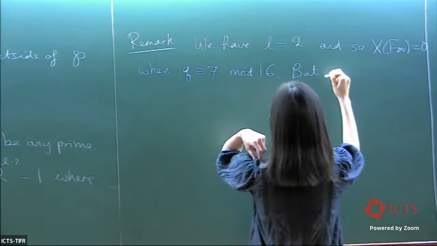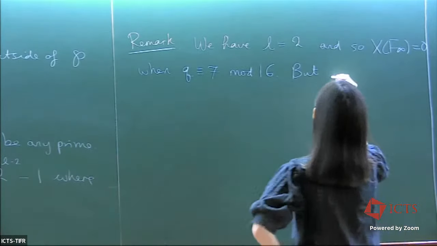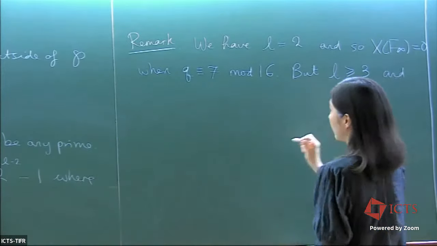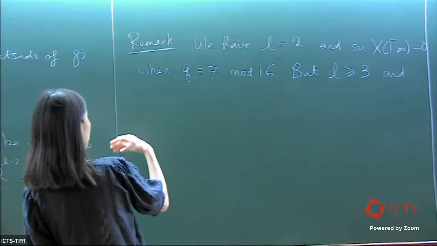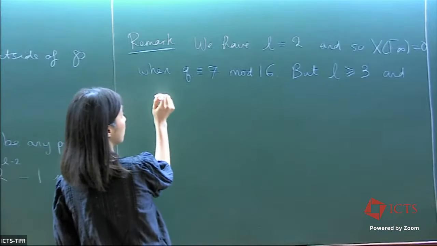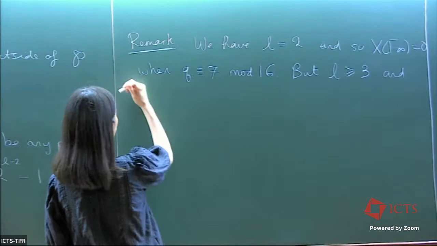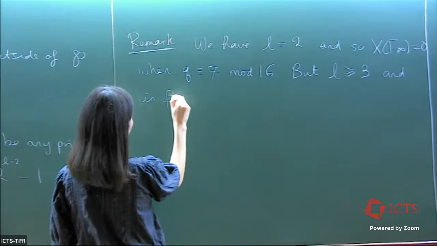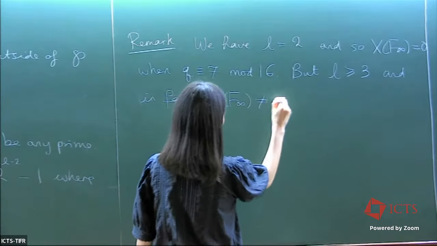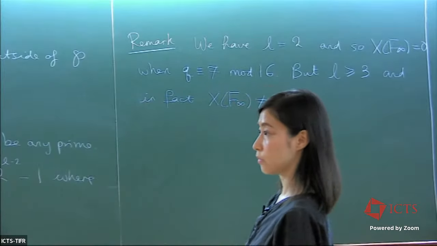But when Q is congruent to 15 modulo 16, we have L is greater than or equal to 3. And in fact, by the work of Jianing Li, you can show that X_F infinity is not equal to 0. So we need to understand the corresponding Selmer groups very well.